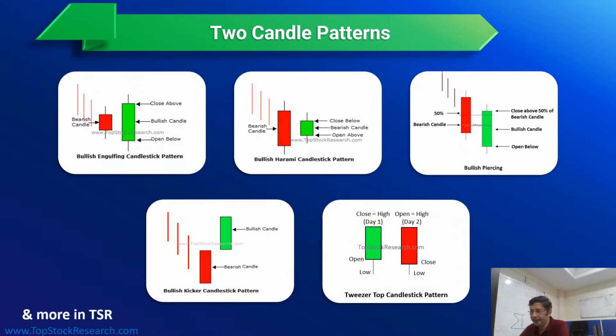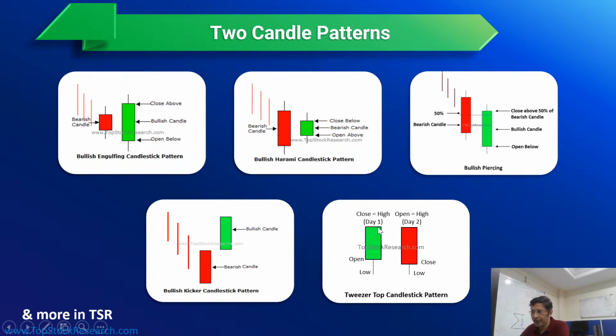The next one is Tweezer, which looks very similar to this, but it has a very different meaning. In this case, you have a candle, typically at the end of a trend, either an uptrend or a downtrend. You have a candle of a big size, and then another candle of almost equal size but the opposite color.